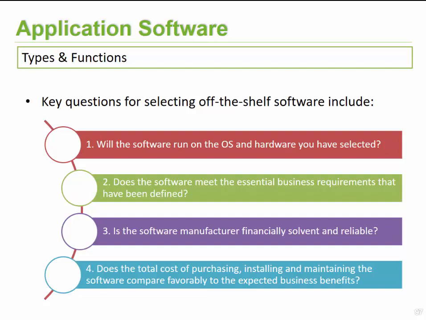Number four, does the total cost of purchasing, installing and maintaining the software compare favorably to the expected business benefits? Now this comes down to the cost. If there are too many risks or if it's too expensive, then ultimately you would need to reconsider buying particular software. So always make sure that you really need that.